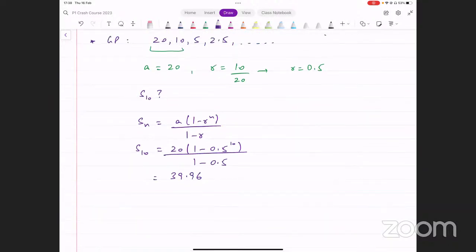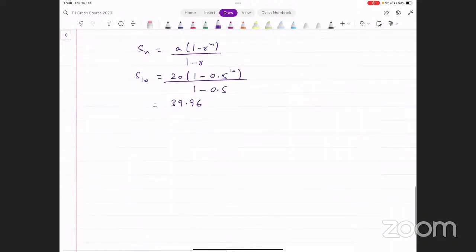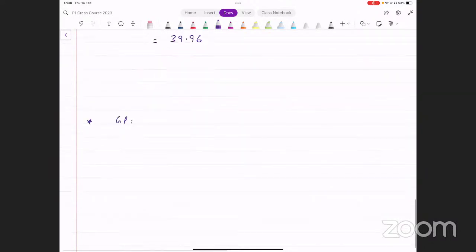All right, let's take another example. Let's say you have a GP that looks like this. You've got values 4, minus 12, 36, minus 108, 324, and so on. Now, this is also a GP.